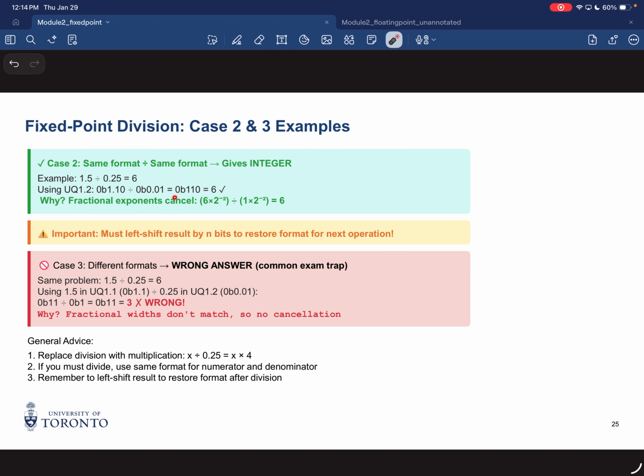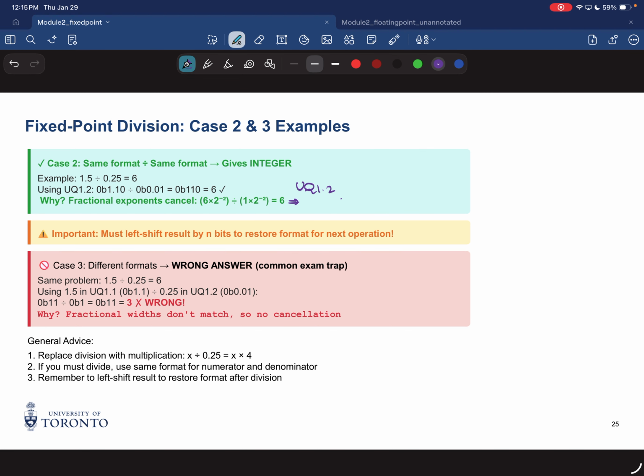And since the formats are the same, you're just getting rid of the point, and this is going to be 6. But this 6 now has no fractional point, right? And the last thing you want to do is to convert this to UQ 1.2. So you have to shift it and consider it as 6.00, or show it this way.